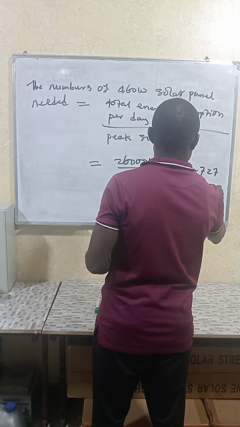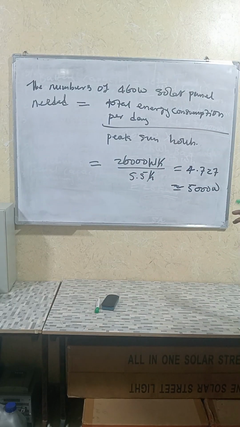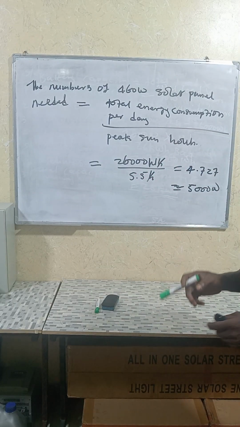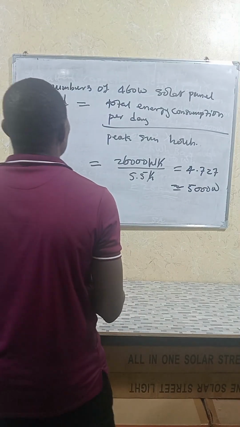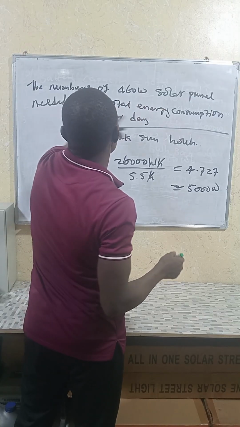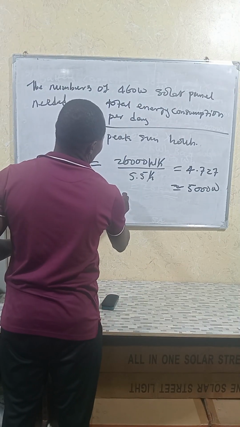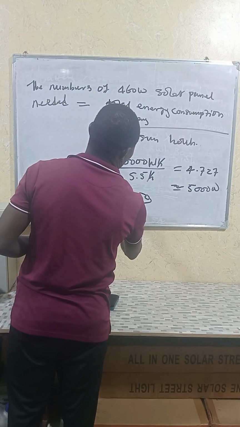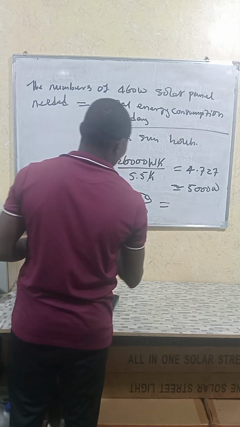5,000 watts. So the total solar panel capacity we have now is 5,000 watts. So the number of 460 watt solar panels you need, as you have gotten this 5,000, is equal to 5,000 divided by 460.